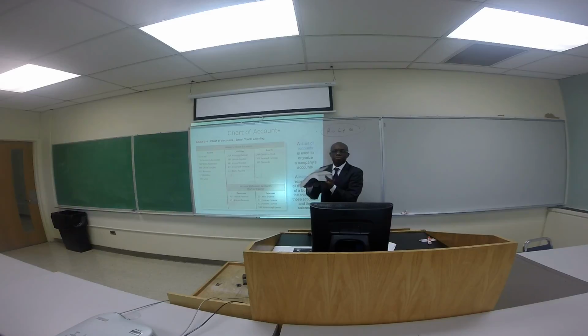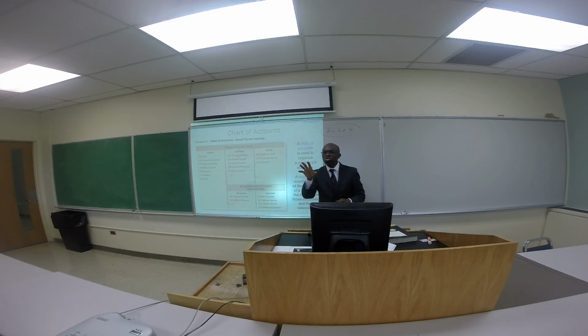This is a book, okay? So just assume that this is a big notebook and this is a record. So when a transaction happens, we record the transaction in a book. It could be a book like this, it could be a loose leaf binder. Nowadays, more often than not, everything is automated. Almost everything is recorded in the computer.